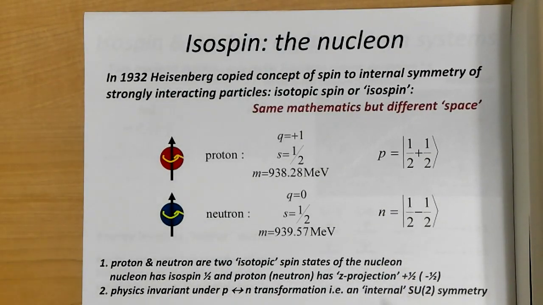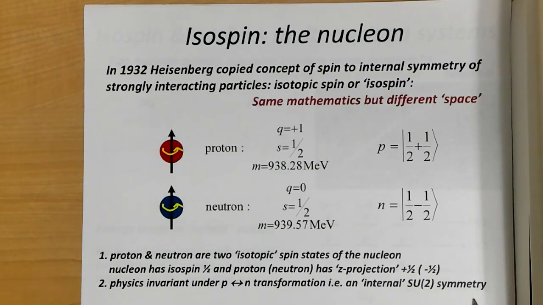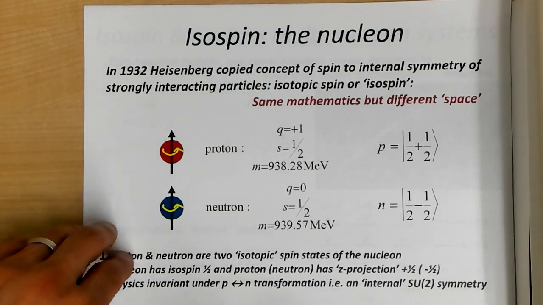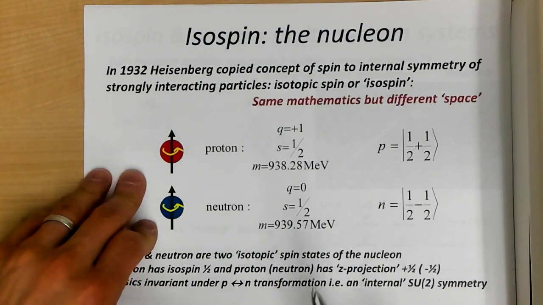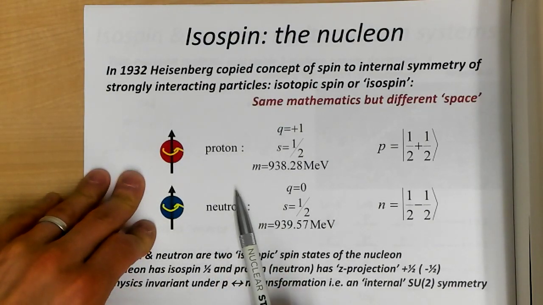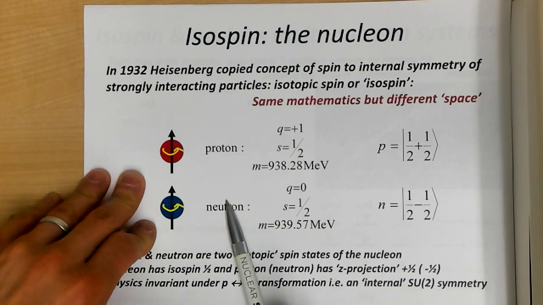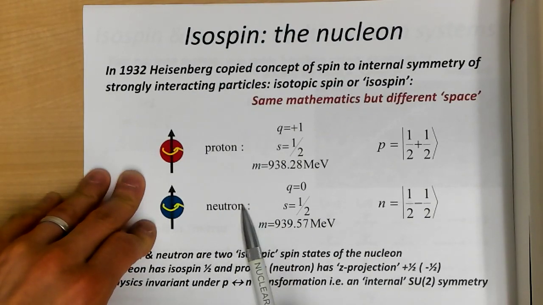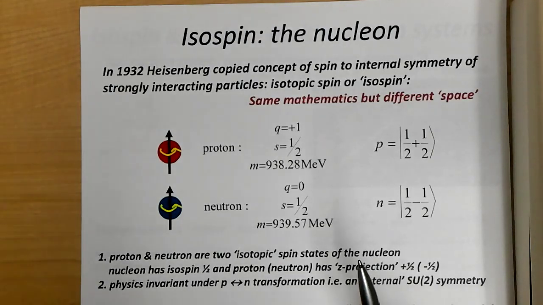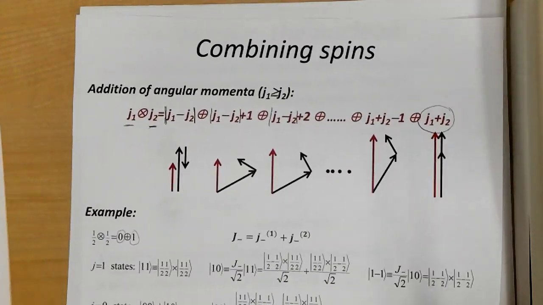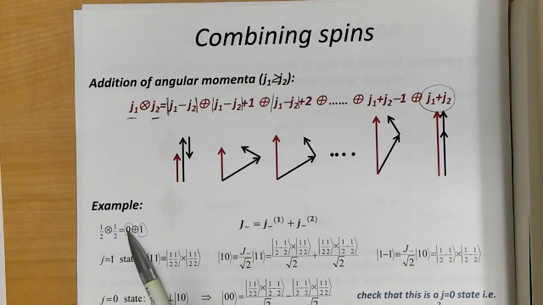Okay, so this is what's called an internal SU2 symmetry. It's an approximate symmetry, but it's a very good symmetry. And so now you can talk about, when you put together a proton and a neutron, what types of isospins you could have. And this is the same problem as we've been discussing. When we put together two spin 1/2 particles, we have spin 1 and spin 0.